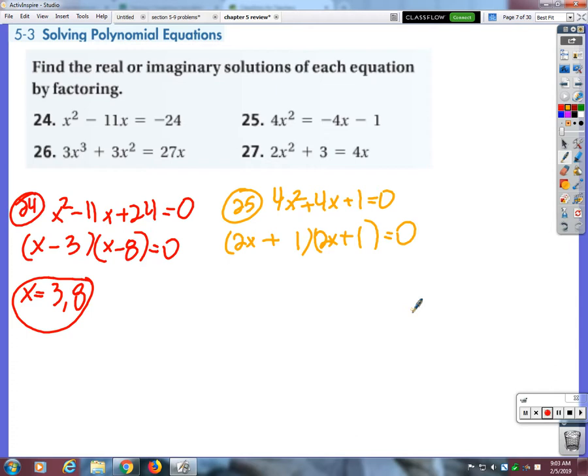What? It needs to add to be 4x, yes, but this 2x changes things, because if I were to FOIL this back out, if I did the inside terms, I'd get 2x, and if I did the outside terms, I'd also get 2x, and then that 2x and that 2x would add up to 4x. So it's a little bit trickier when there's a number in front.